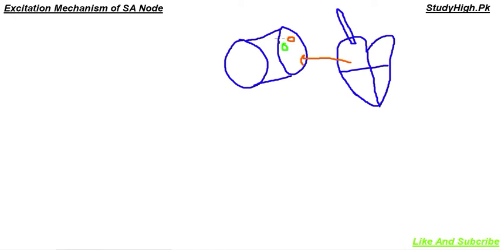So first of all, you must know that the SA node is located on the posterior wall of the right atrium, just below and a little lateral to the opening of the superior vena cava. This is the location of the SA node in our human heart.